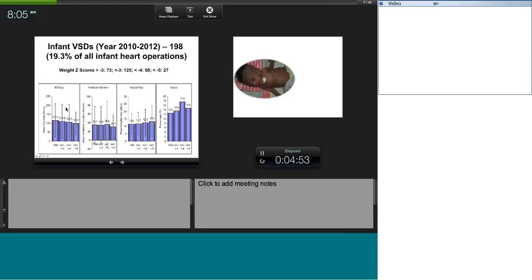So we looked at comparisons on ICU stay, ventilation, hospital stay, and sepsis, and again did not find any relationship with weight. So essentially we came to conclude that it doesn't matter. No matter what the weight is, you can essentially perform safe surgery.